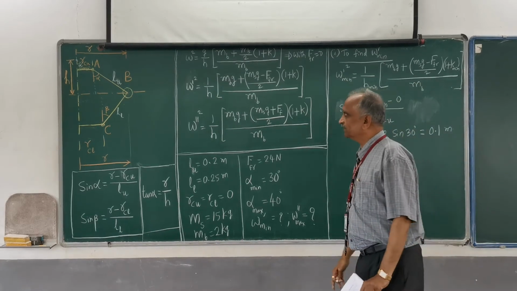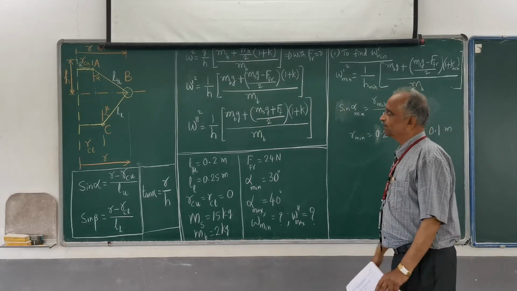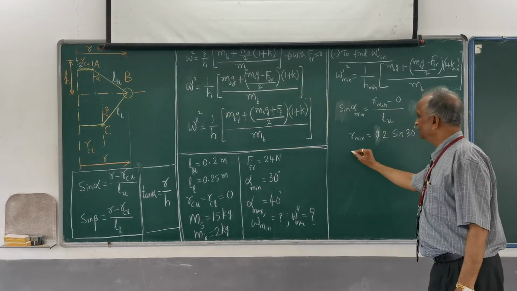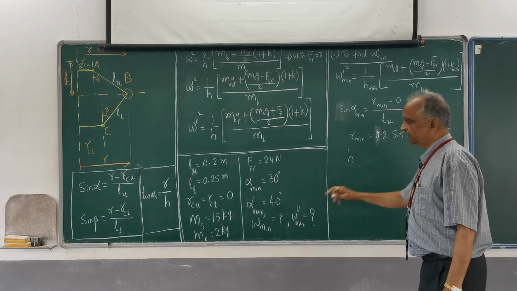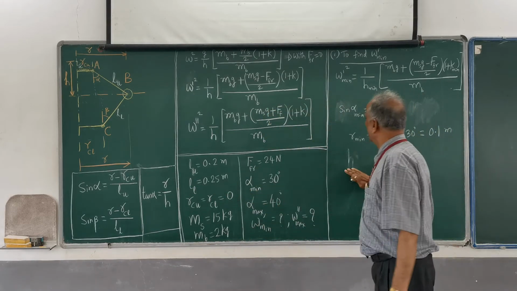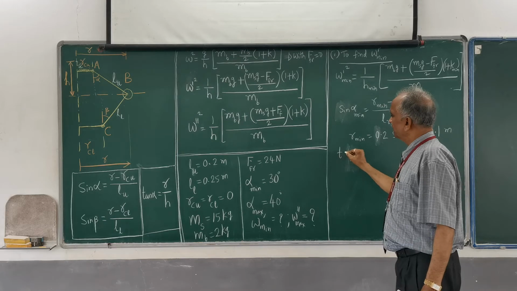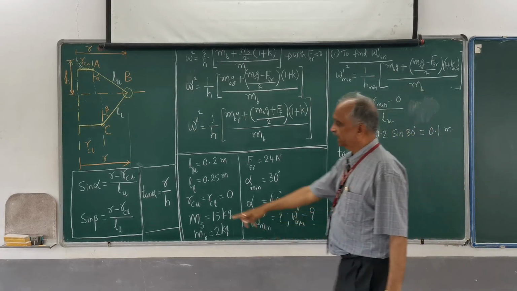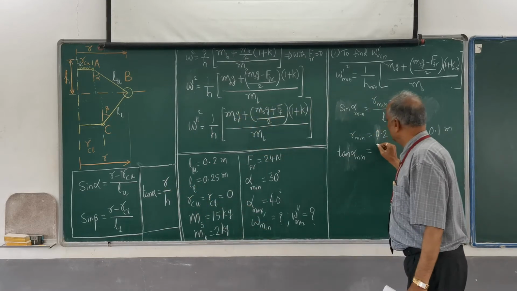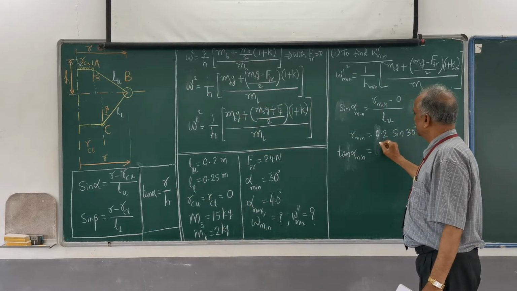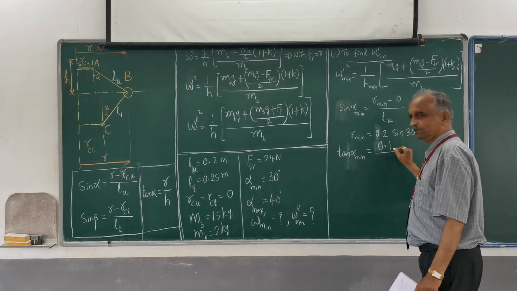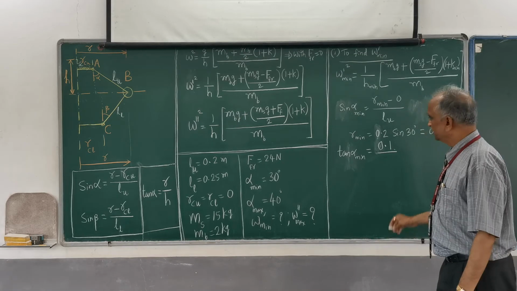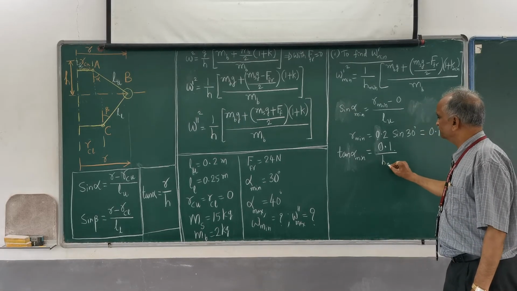Why is R minimum required? Because I want to find out H minimum. So making use of tan alpha minimum: tan alpha minimum is equal to R minimum, which is nothing but 0.1, already we have found out, divided by H minimum.